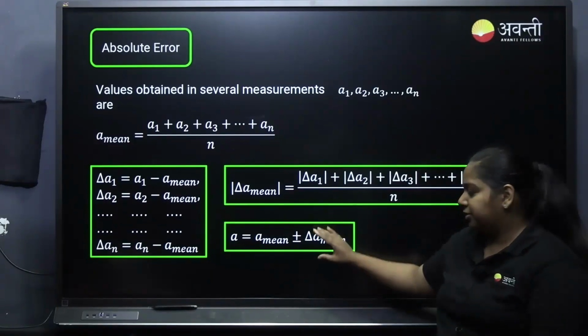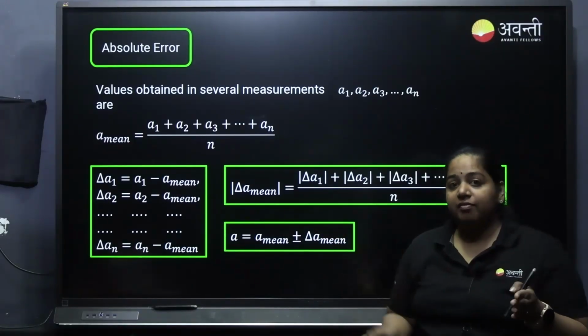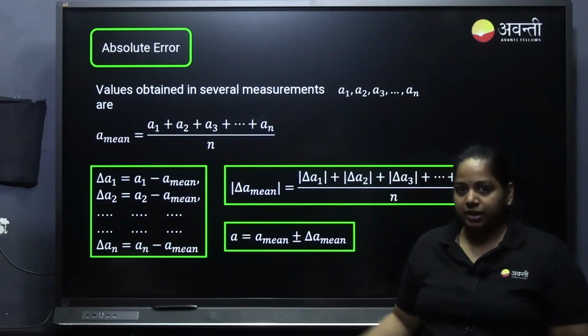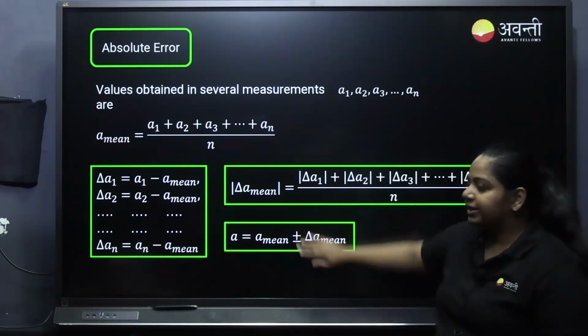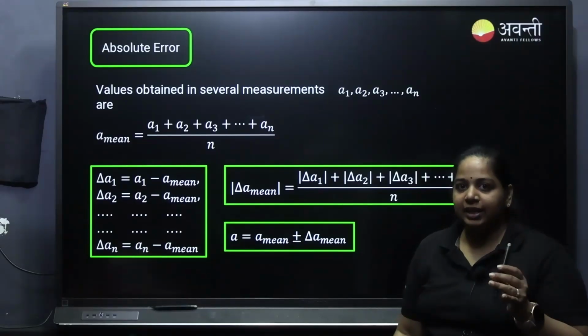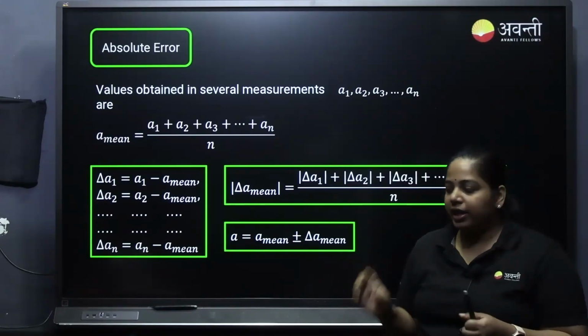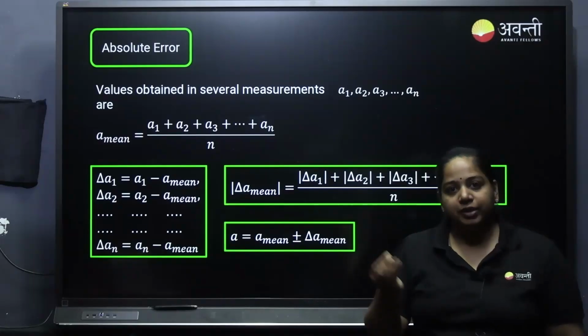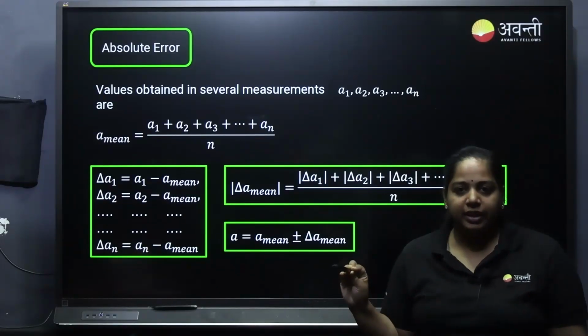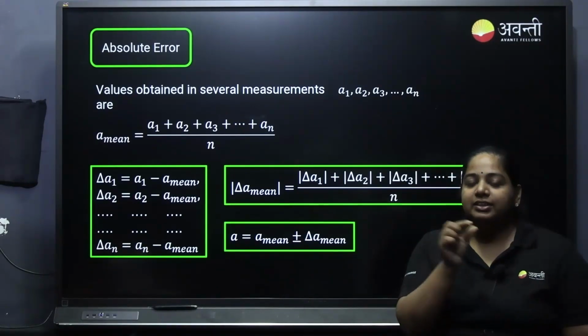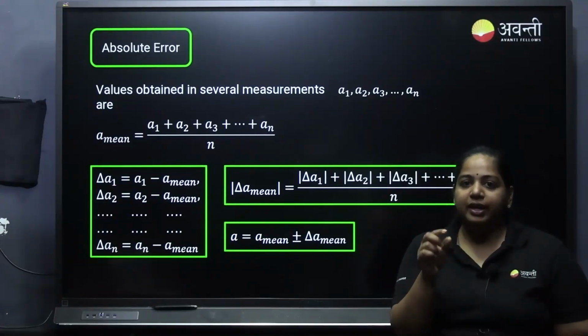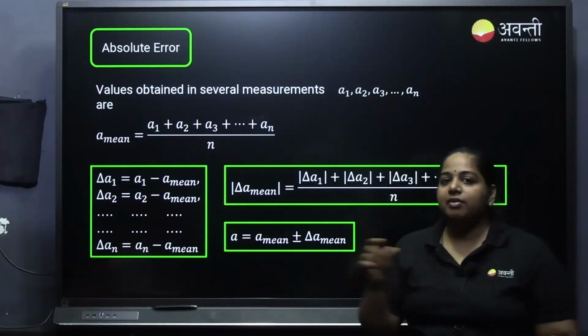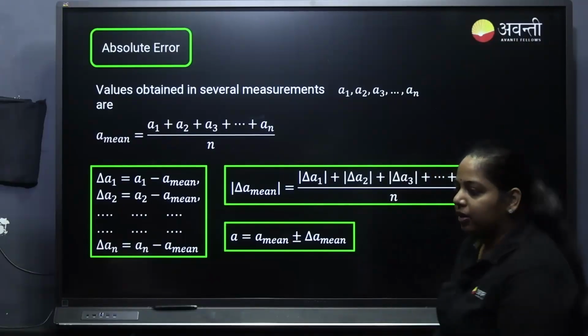In case this absolute error is not given, then we will take the least count as the error. Let's say we are using a normal scale and I got a measurement of exactly 15 centimeter, but it has 0.1 centimeter as least count, right? That we will write as the error.